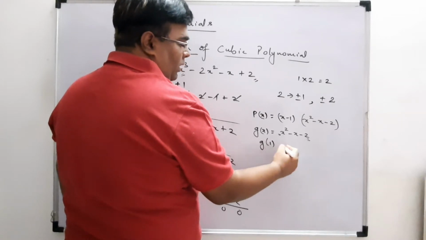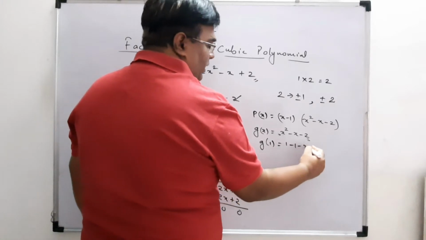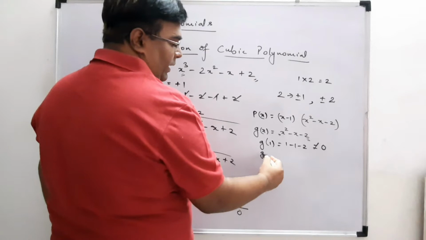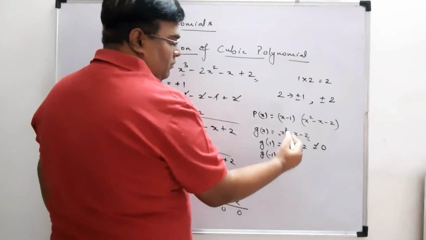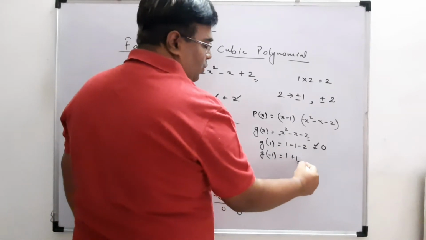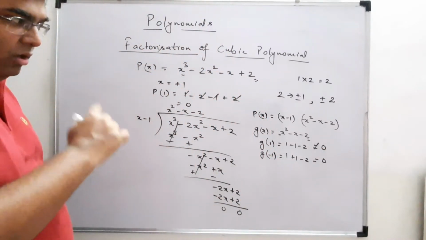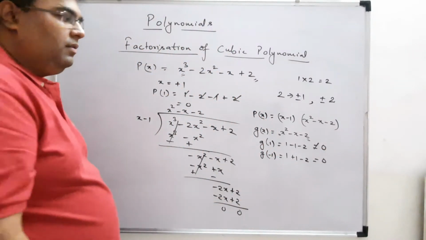If we put 1, we get 1 minus 1 minus 2, which is not equal to 0. What about g(minus 1)? It will be 1 plus 1 minus 2, which is 0. So we have got minus 1 as a root here.